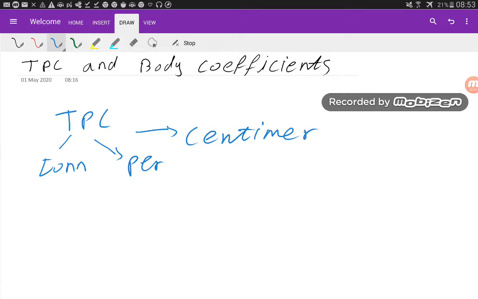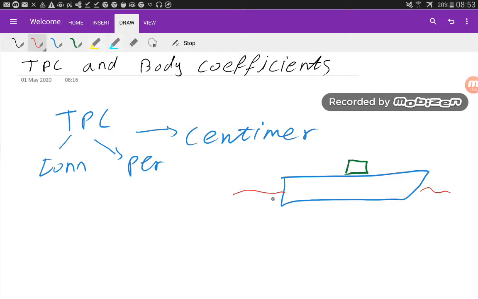That means if this is our vessel and we are adding a weight to our vessel, so this was our initial water line, and as you have remembered, that distance between the water line and bottom of the vessel is draft.